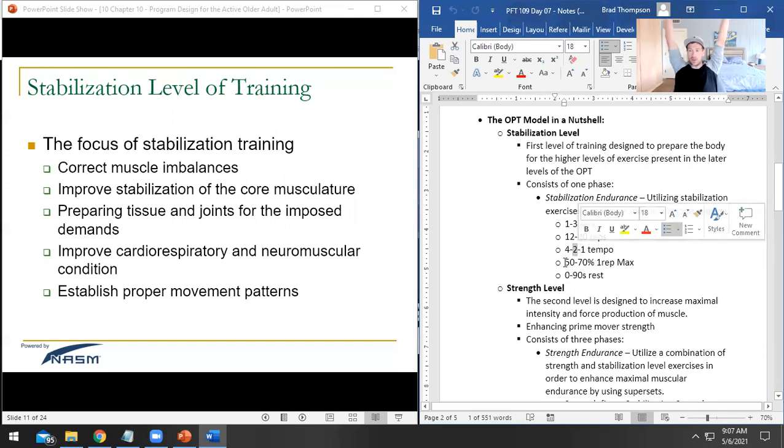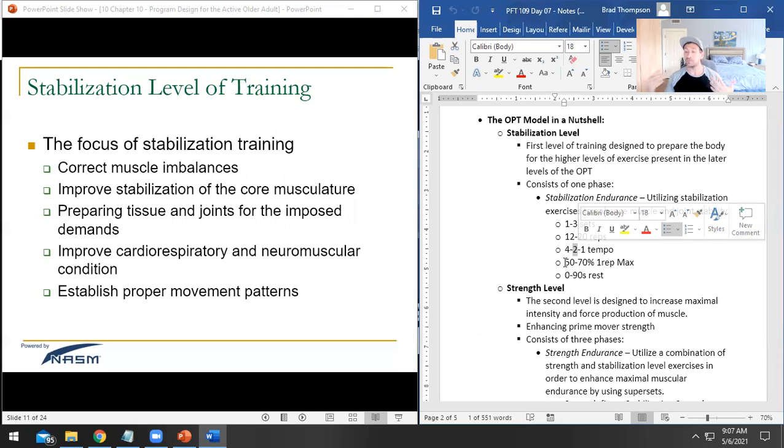That's giving my brain time to realize what position it is going for, right? Like it's learning, oh, okay, this is where we're headed, right? And then I'm going to do 4 seconds on the eccentric, which is again going to teach me the appropriate path to travel through. So that 4-2-1 tempo is going to look something kind of like this, right? I'm going to go 1, 1, 2, 1, 2, 3, 4, 1, 1, 2, 1, 2, 3, 4.